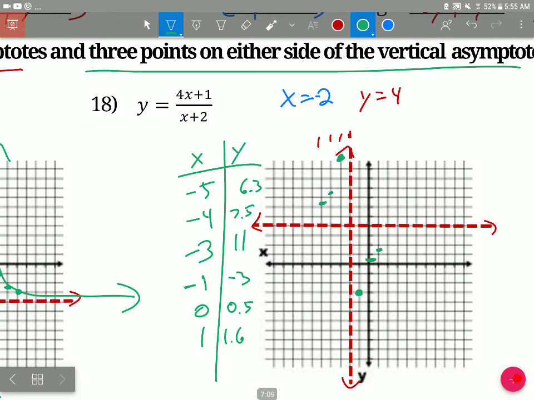So these bad boys are a little bit looser than the others. So they're going to come in and swoop down, not as tight. And that's what it's going to look like, roughly. Except it's not going to go down like that over there. Okay? There we go.